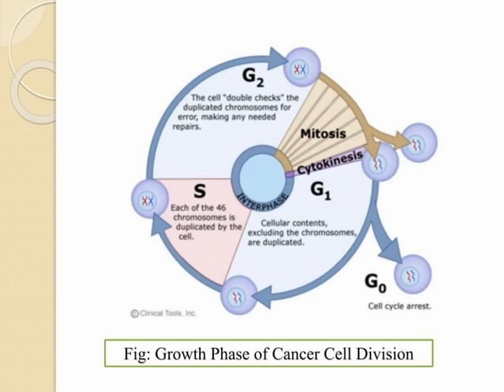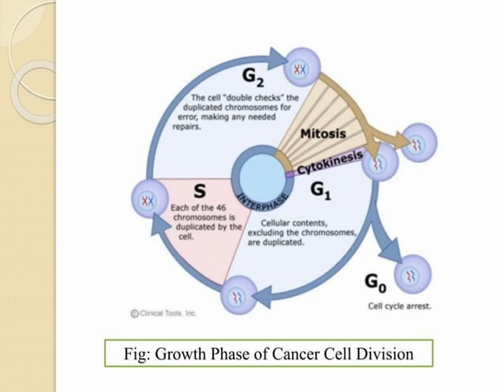Now we come to the growth phase, which involves S phase, G2 phase, G1 phase, etc. In S phase, each of the 46 chromosomes is duplicated by the cell. In G2 phase, the cell double checks the duplicated chromosomes for error, making any needed repairs.